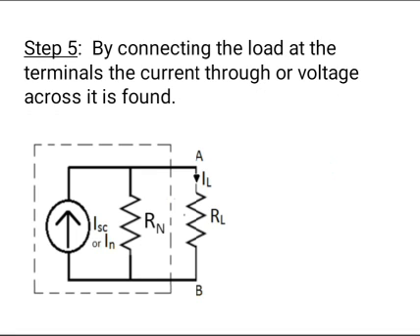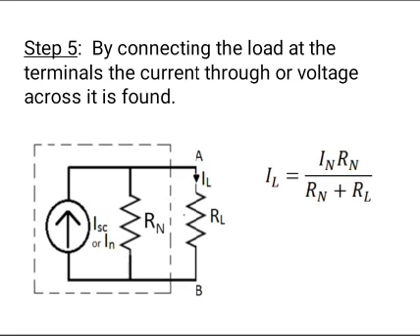Step 5. By connecting the load at the terminals, the current through or voltage across it is found. That means we must calculate the value of IL. The current through the load, IL equals IN into RN divided by RN plus RL.